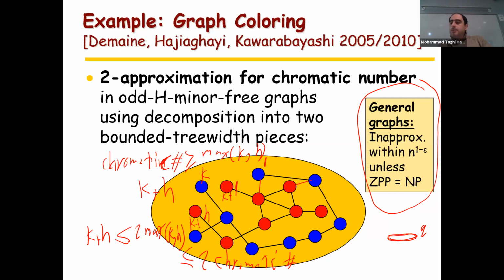Then all possibilities of this one, you can essentially enumerate. So if you want the minimum number of colors, you can have all possibilities of these Q vertices, and that would still be polynomial, because it's bounded.